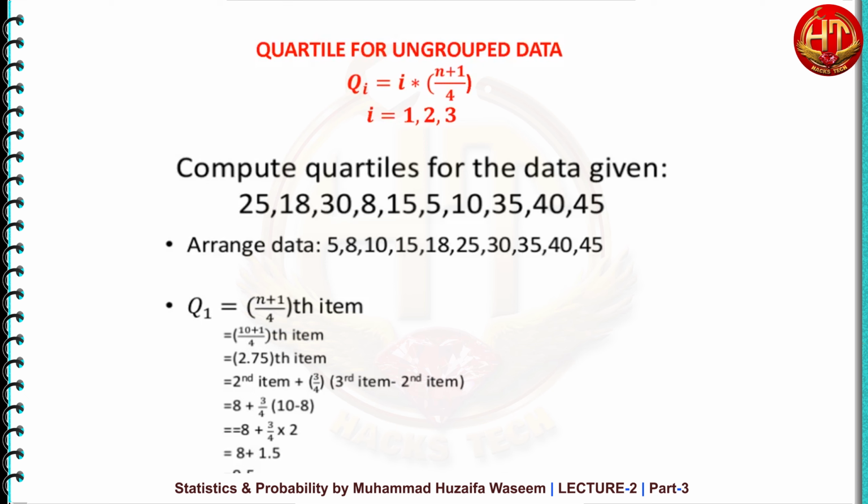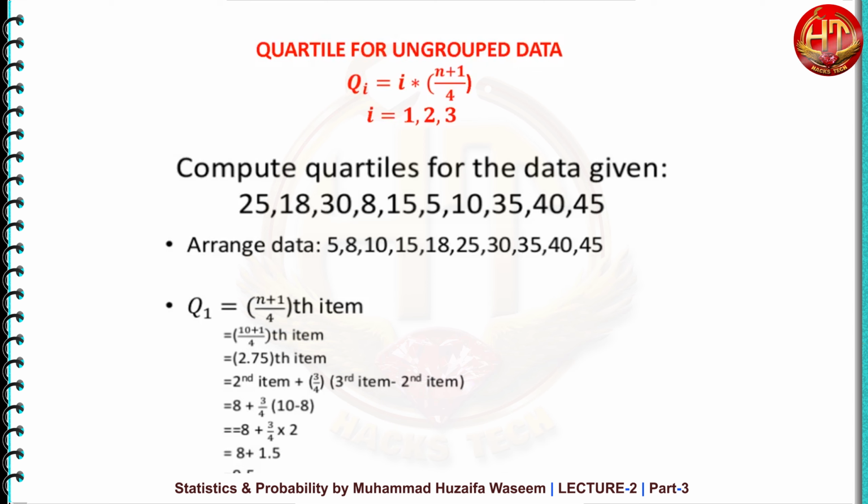So what is the meaning of the 2.75th value? How can you calculate it? The second item plus 3 divided by 4, meaning 0.75. It means that the first quartile lies between the second value and the third value.